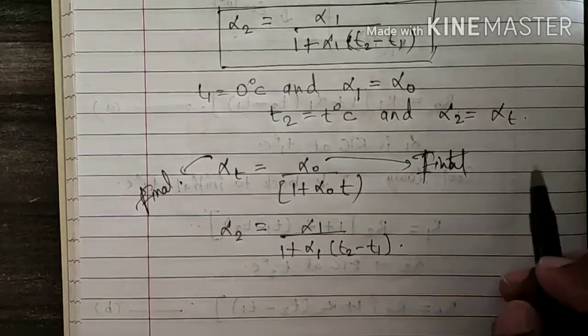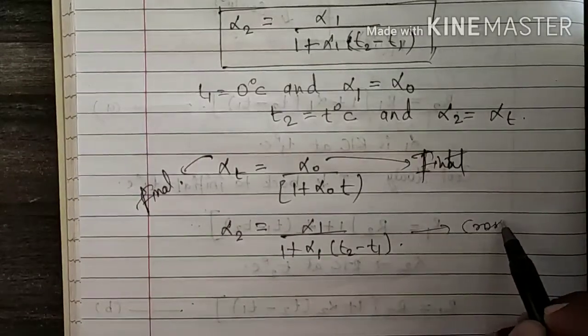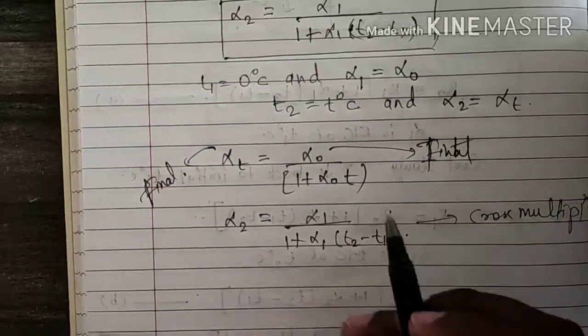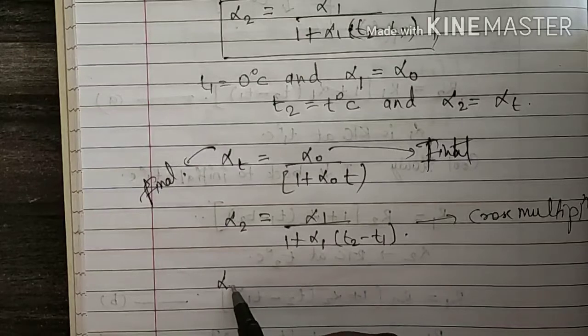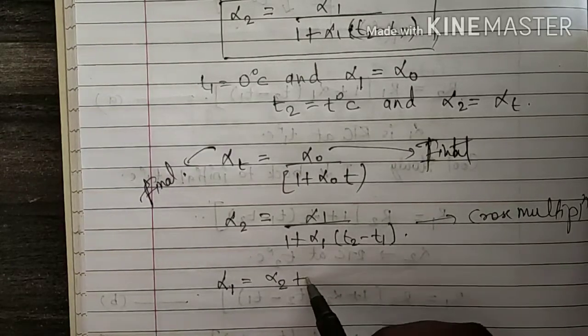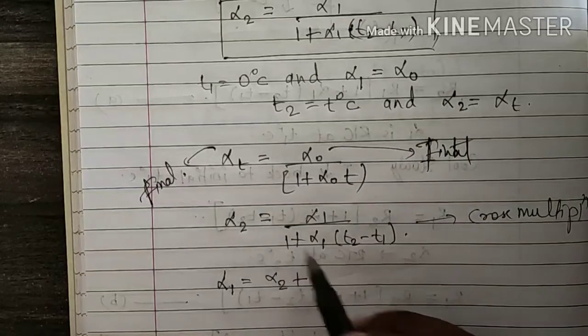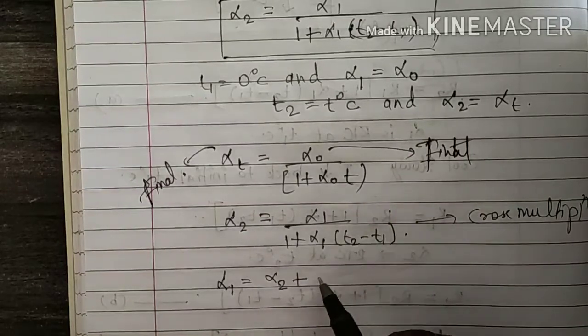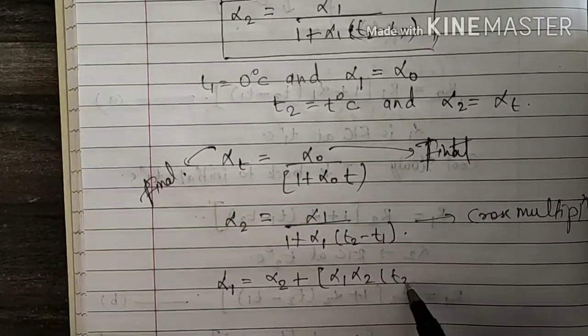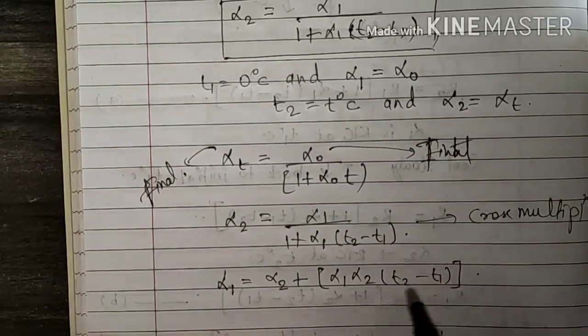Okay, cross multiplication. Then what will it become? Alpha 1 is equal to alpha 2 plus... if I cross multiply this, what will I get? Alpha 2 in bracket, alpha 1 alpha 2 (T2 minus T1).